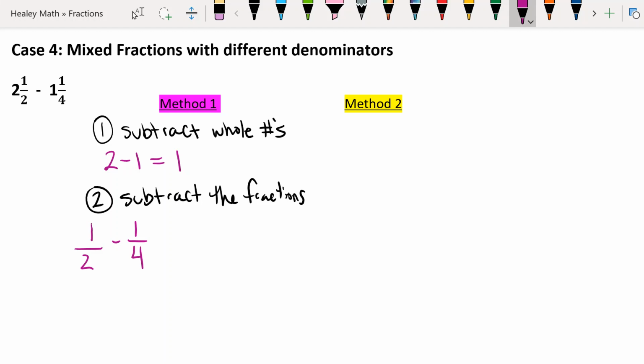Our denominators are different this time. Therefore, we need to make them the same. We can multiply the denominator by 2 and the numerator by 2. In this case, we have our fraction 2 over 4 minus 1 over 4.